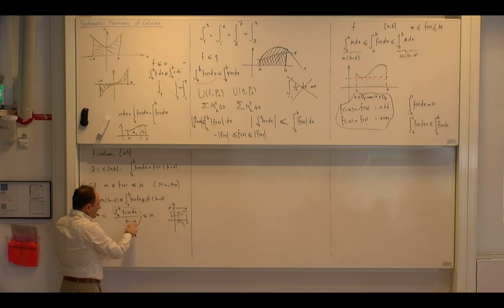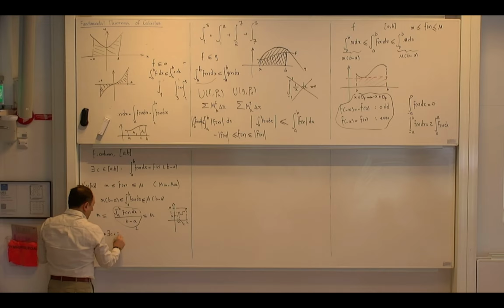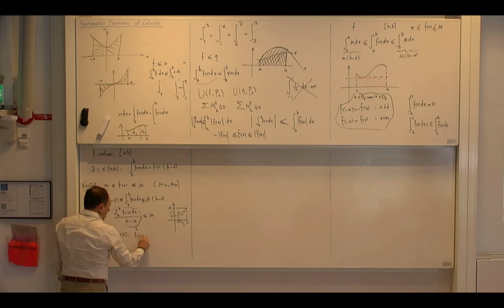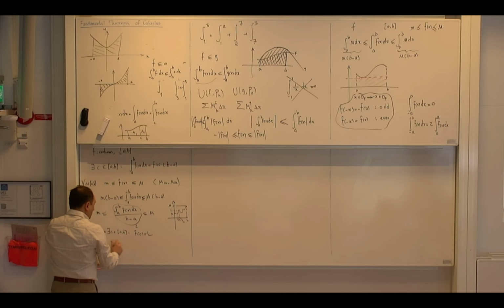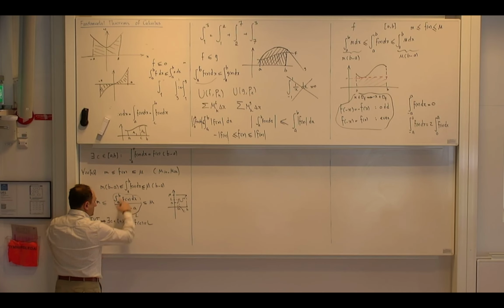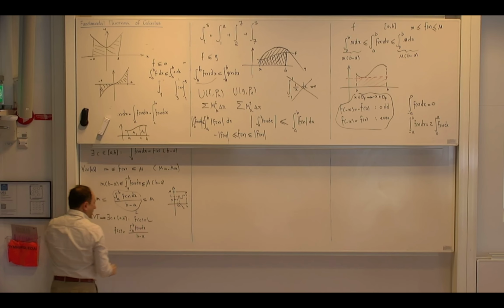So L is this number. I don't know what that number is, but it is guaranteed it is between m and M, and because of the intermediate value theorem, this means that there exists a C in [a, b] such that f of C becomes L. But L is this number, the integral from a to b of f of x dx divided by b minus a, then I multiply by b minus a.